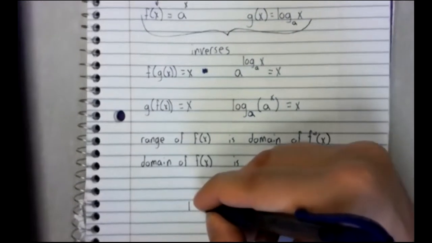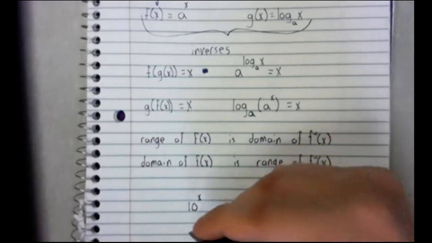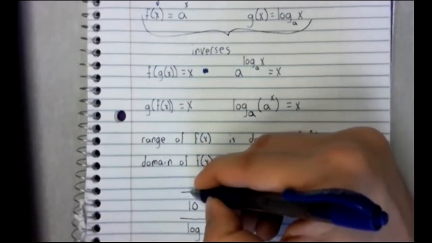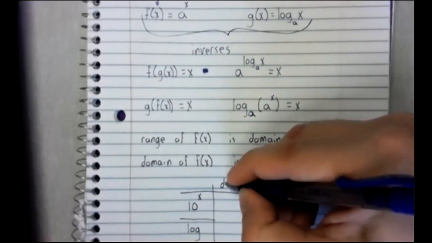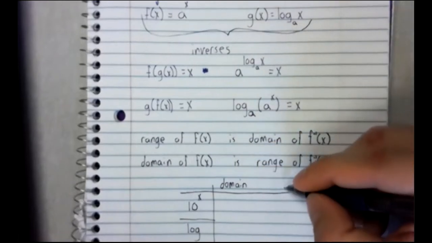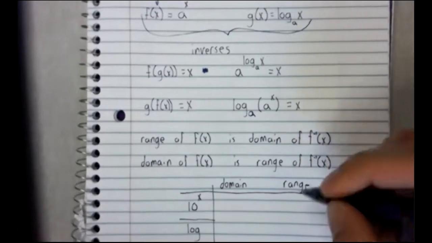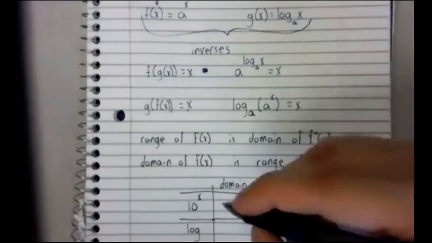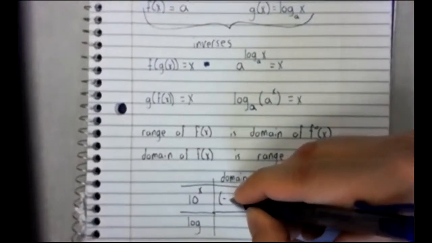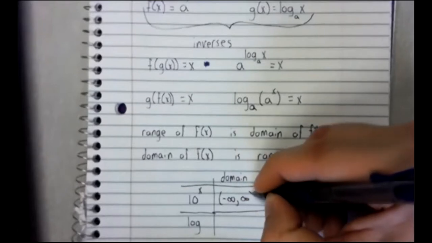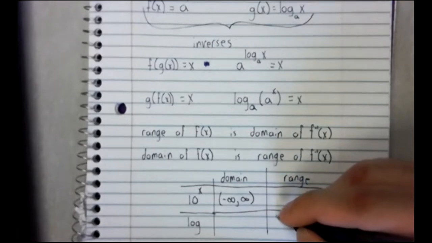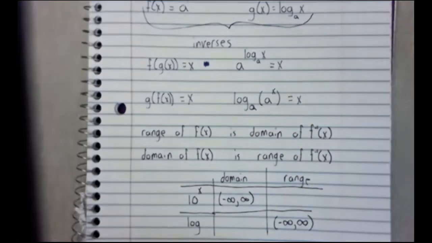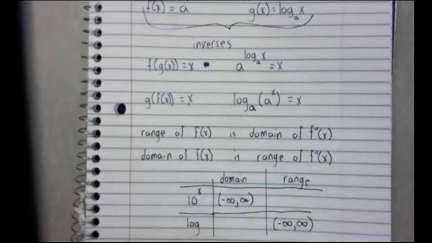So if we look at, say, the common logarithm and 10 to the power of x, and we look at their domains, and we look at their ranges. 10 to the power of x has a domain of all real numbers, which we said yesterday is the range of the logarithms.